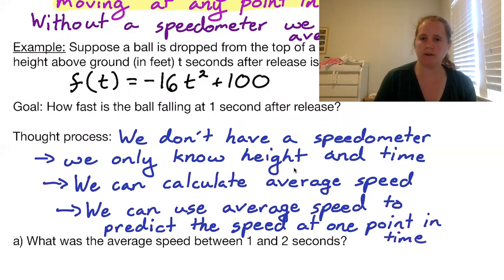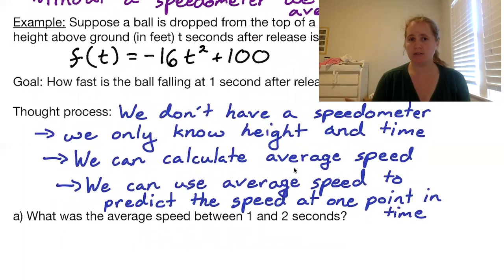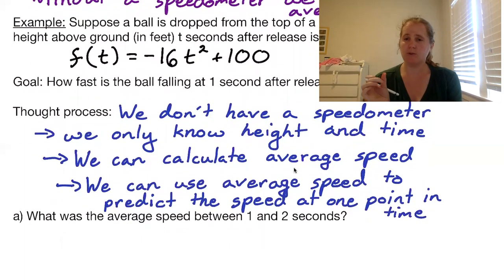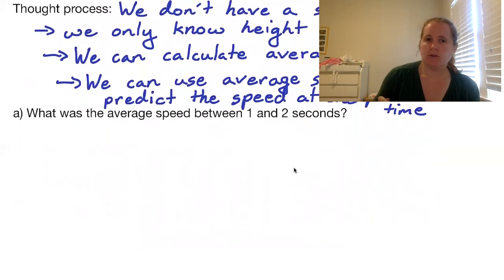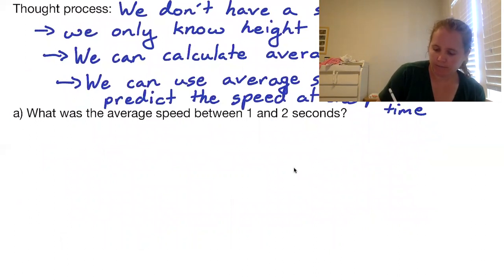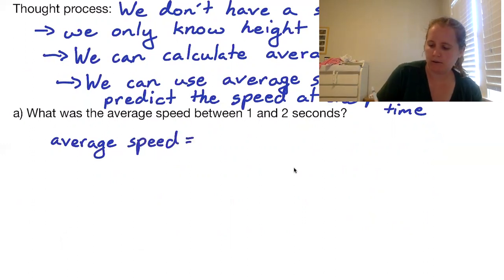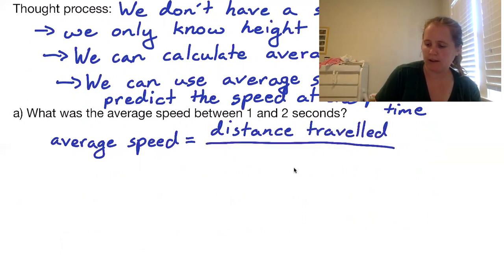So the first thing we're going to do here is go ahead and just find the average speed between 1 and 2 seconds. So we want the speed at 1 second. Let's do average speed from 1 to 2 seconds. To find the average speed, we need to know the distance traveled and then we'll divide that by the time it took to travel that distance.